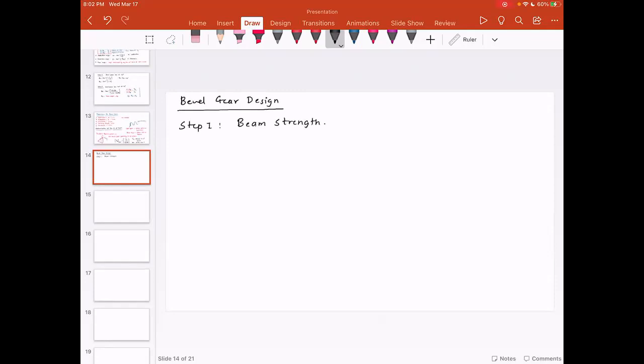And we find out the tangential load WT, same equation, sigma naught multiplied by the velocity factor multiplied by B times M multiplied by Y prime. But here there is one more term that comes into the picture, which is L minus B divided by L. If you look at the previous examples for the helical gear design or the spur gear design, we did not have this additional term.